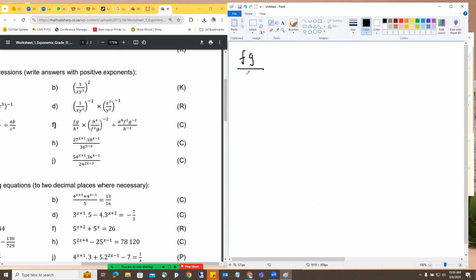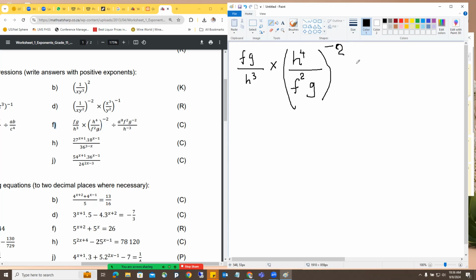F t over h cube into h4 over f squared g into minus 2, divided by this one.